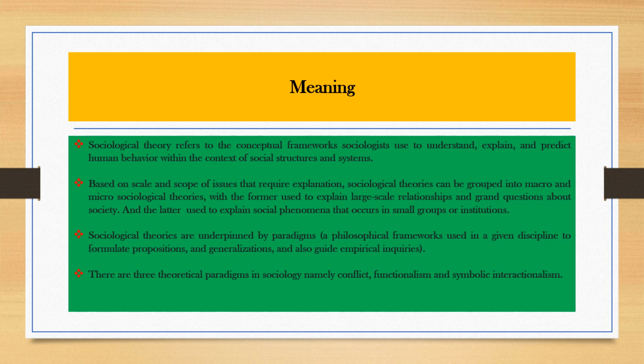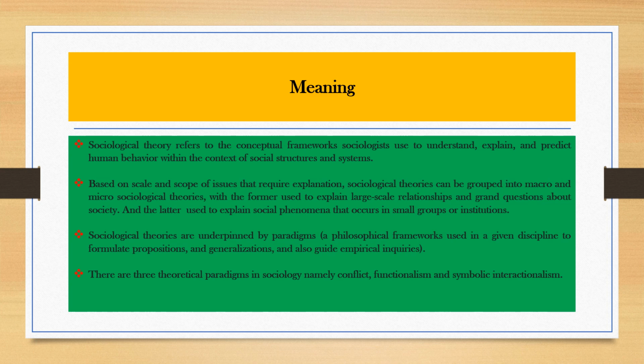Now, based on the scale and scope of issues that scholars and researchers may be called upon to explain, we can then divide sociological theories into two broad areas. We have what we call macro theories and micro sociological theories. Macro theories are theories that are used to explain large-scale relationships or broad questions.